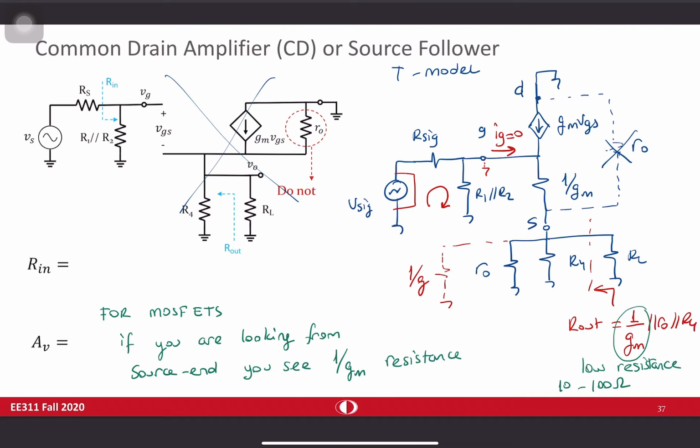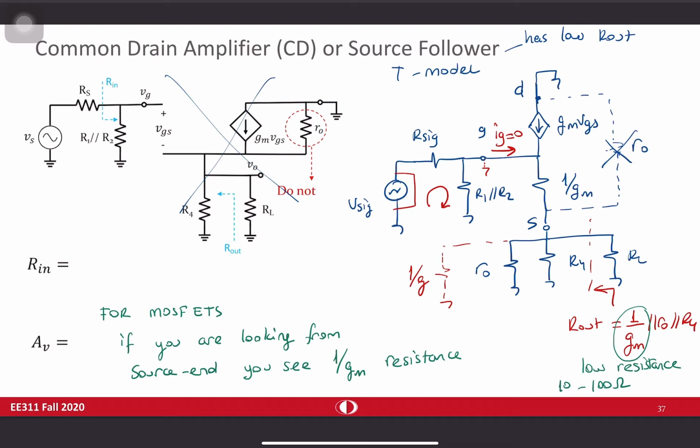So it's limiting the output resistance of the common drain amplifier, which means that the common drain amplifier has low ROUT compared to the previous ones. Remember the common source with degeneration and common gate amplifiers.